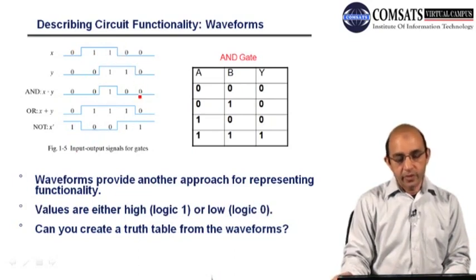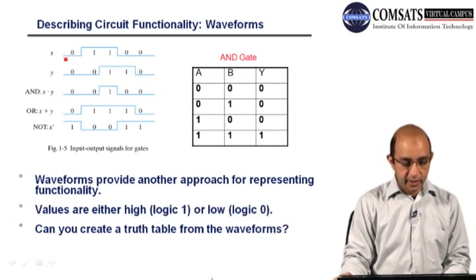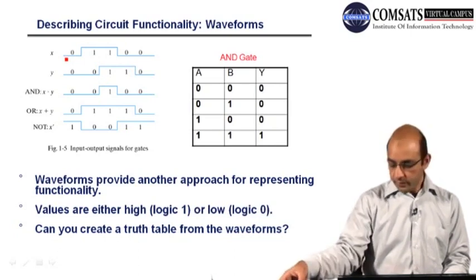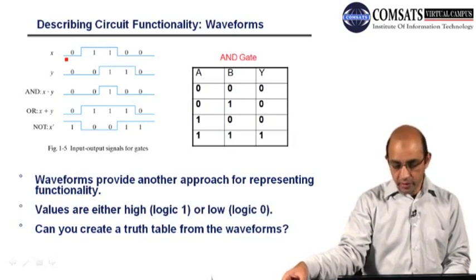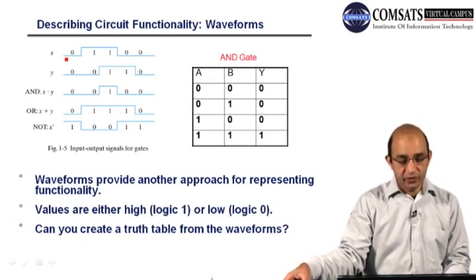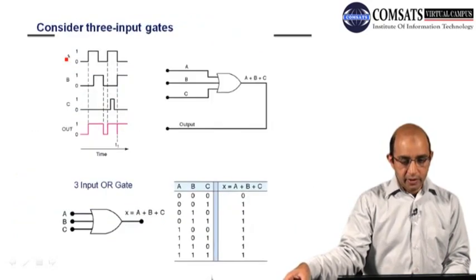So this is the opposite or inverse of this X, right? So waveforms can be used as another approach to represent the functionality of the Boolean logic or Boolean circuitry, right?